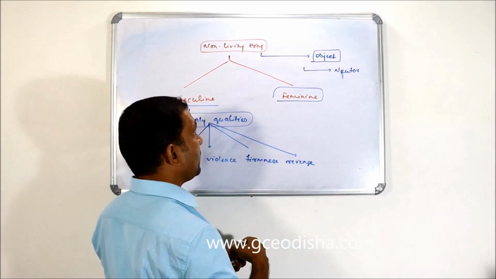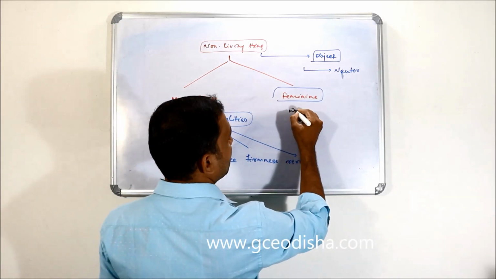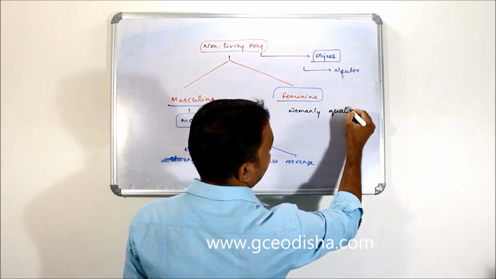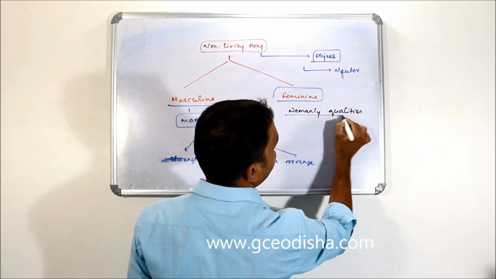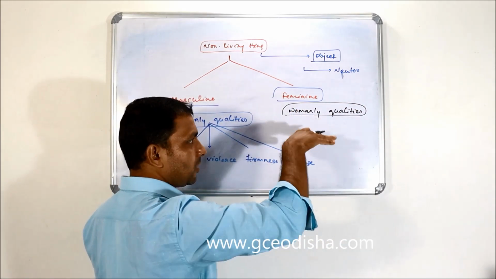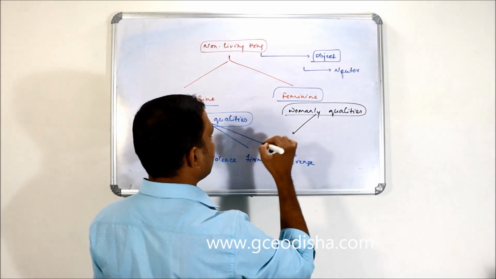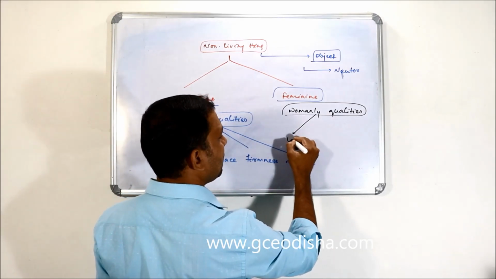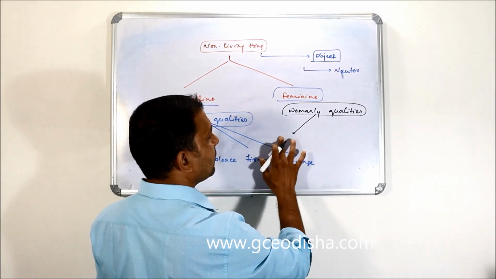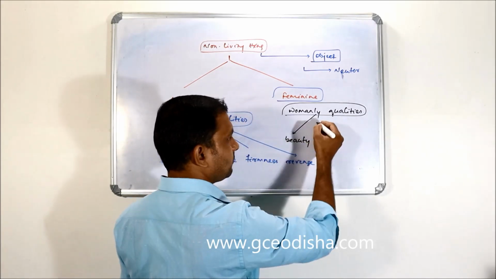Feminine gender, if that same non-living thing shows some womanly qualities. What are the qualities that come under these womanly qualities? First one is love, affection. First is it must show beauty.